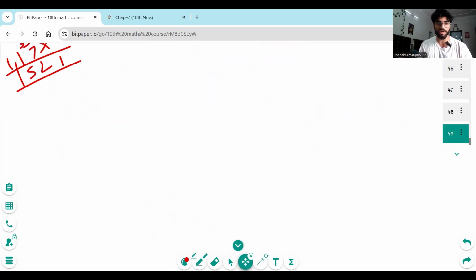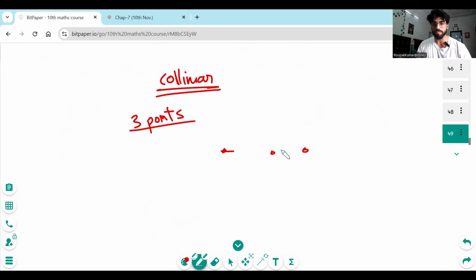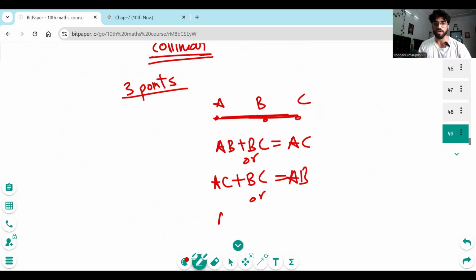Now let's go to the next concept, collinearity. See, 3 points are said to be collinear. What do we mean by collinear? In the same straight line, they are said to be collinear. Let's say A, B, C. If the sum of any two sides is equal to the third side, AB plus BC, or AC plus BC, any two sides' sum should be equal to the third one.